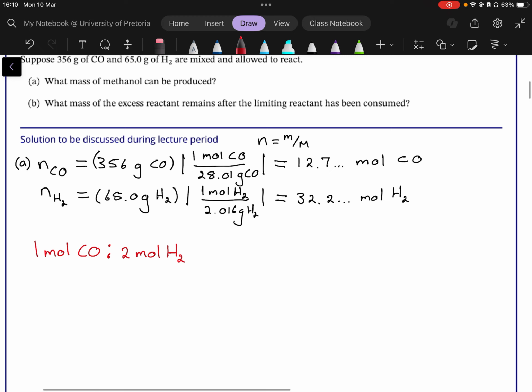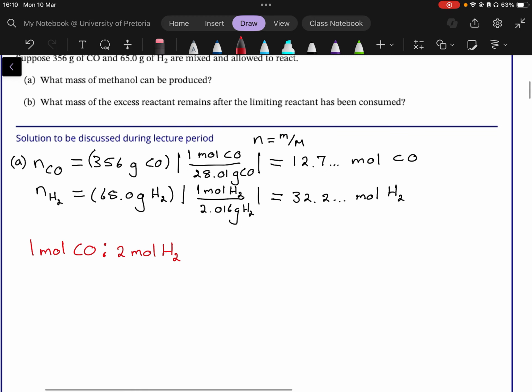We currently have 12.7 mole carbon monoxide. Theoretically, with how many moles of hydrogen would that react? Remember, that's your X you typically want to solve for.